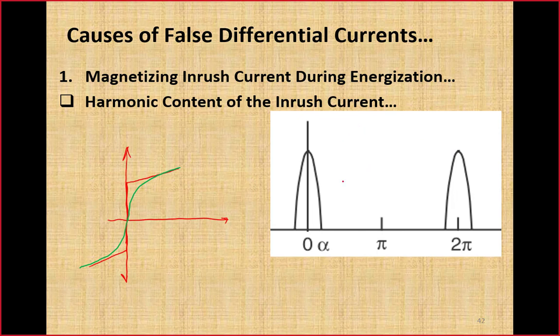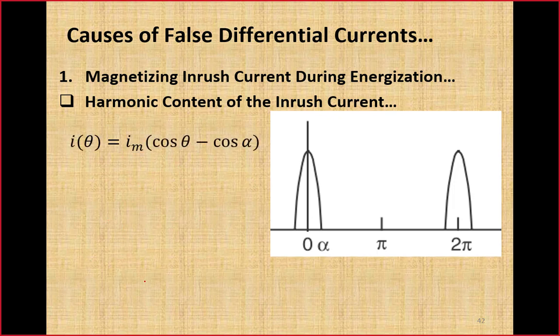Now let's write the equation for this inrush current. This inrush current is equal to its peak value times cos theta minus cos alpha. As the value of theta equals 0, this becomes Im (1 minus cos alpha). So that will be the peak value.